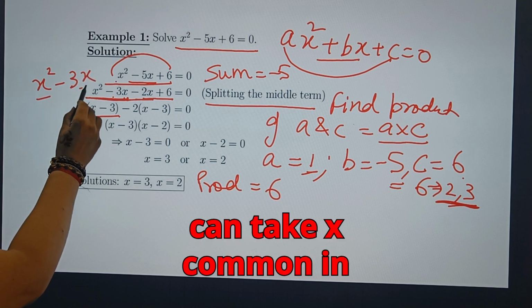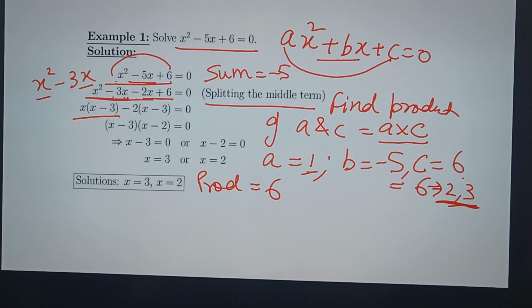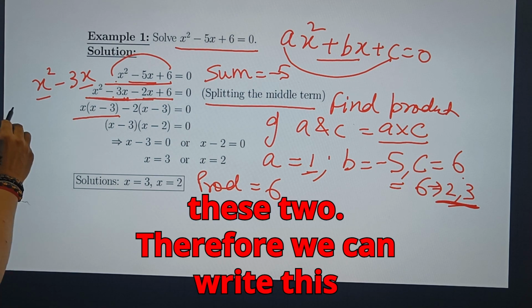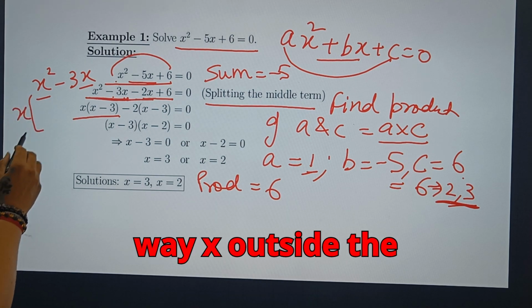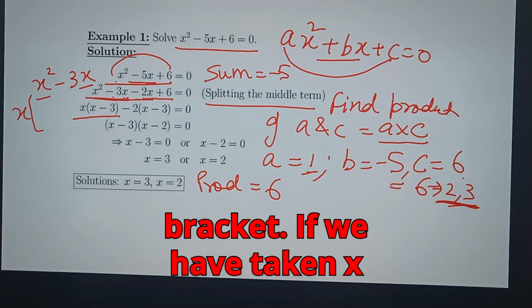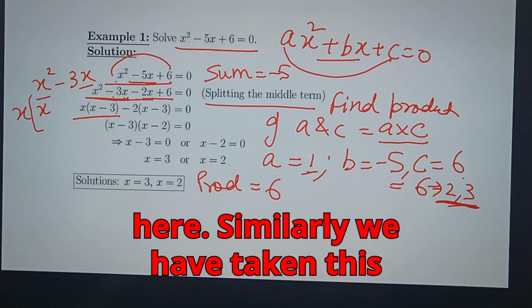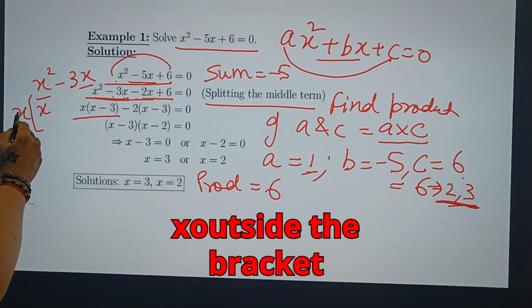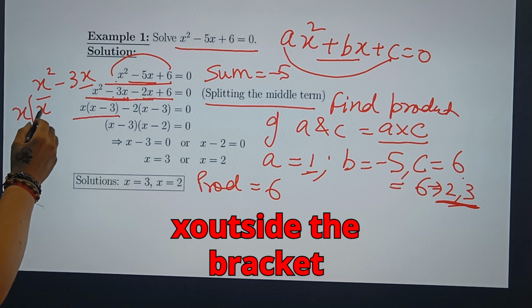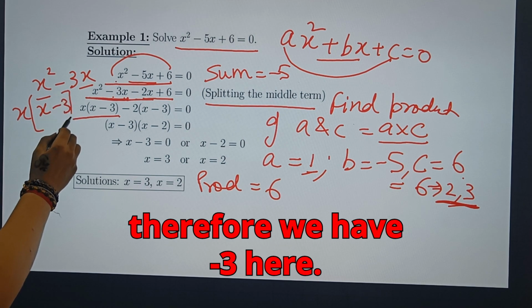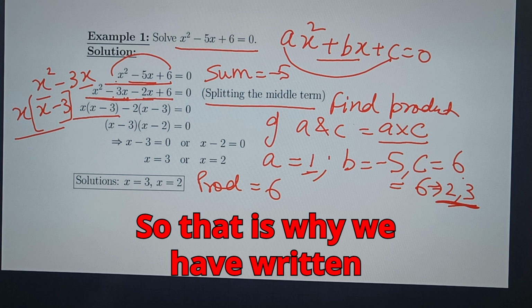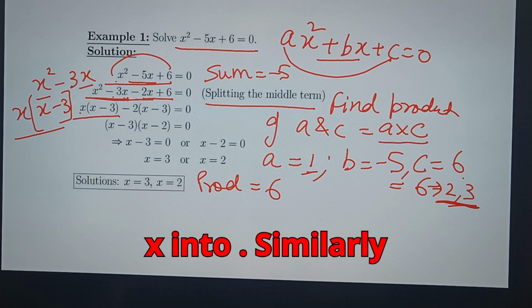We can take x common in these two, therefore we write x outside the bracket. If we take x common from this, we get x here. Similarly, we have minus 3 here. So that is why we have written x into x minus 3.